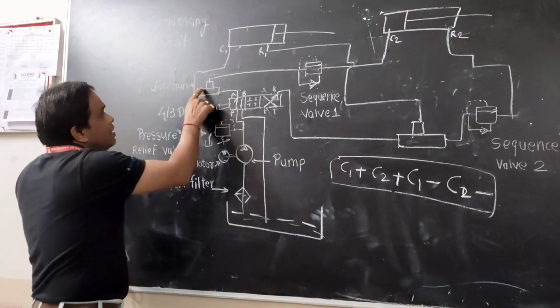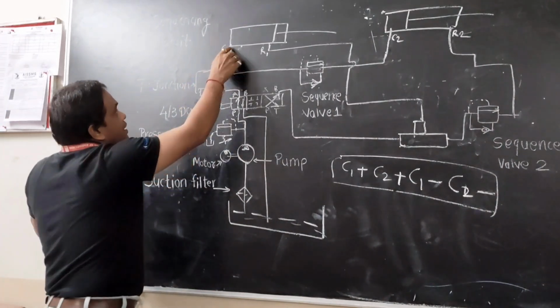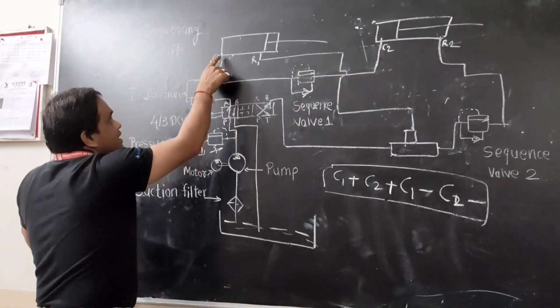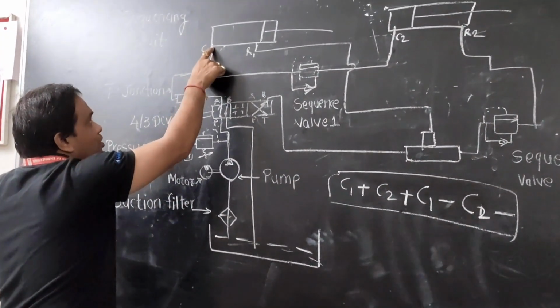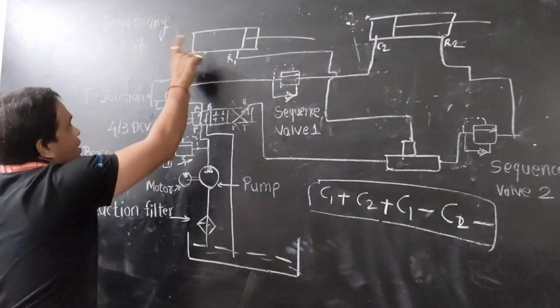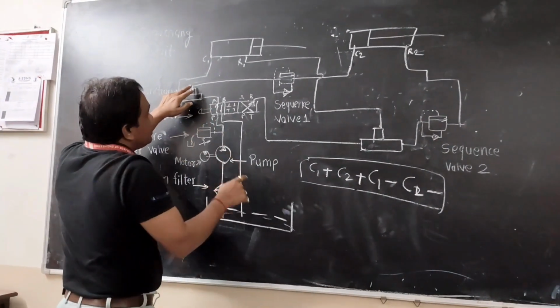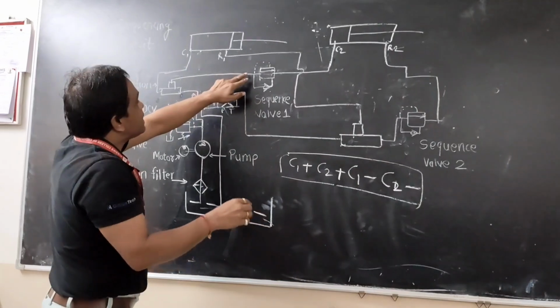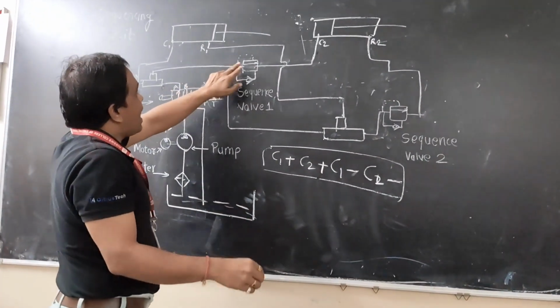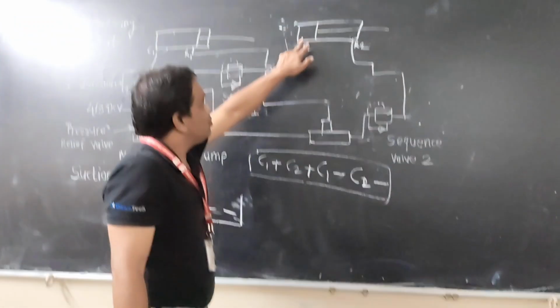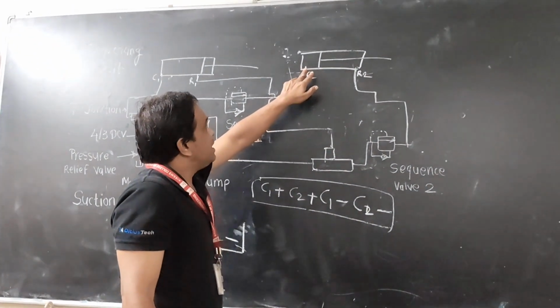Here we have connected the cap end of cylinder 1. The next end of the T we have connected to the sequence valve input, and the output of the sequence valve we have connected to the cap end of cylinder 2.